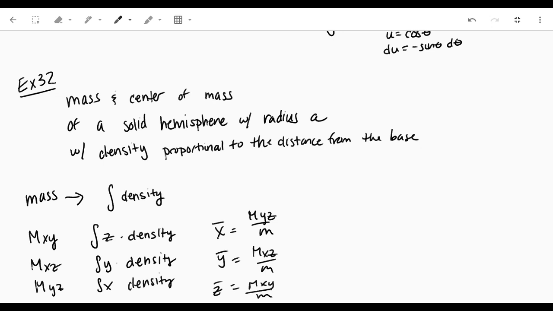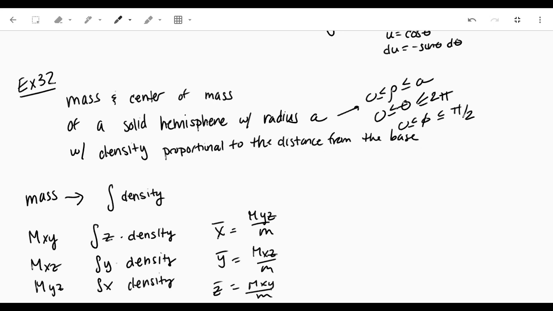Okay, so first of all, a solid hemisphere with a radius a. That is again going to have rho between 0 and a. Theta would be between 0 and 2 pi. And since it's a hemisphere, we would have phi between 0 and pi over 2. The density is proportional to the distance from the base.